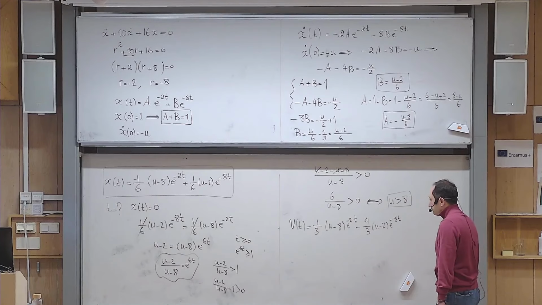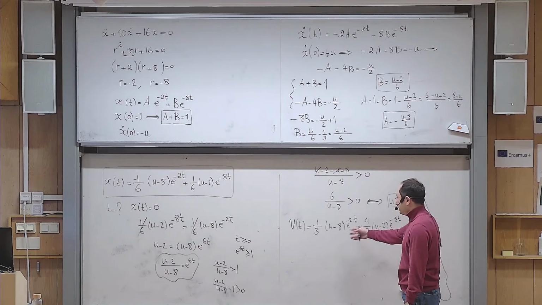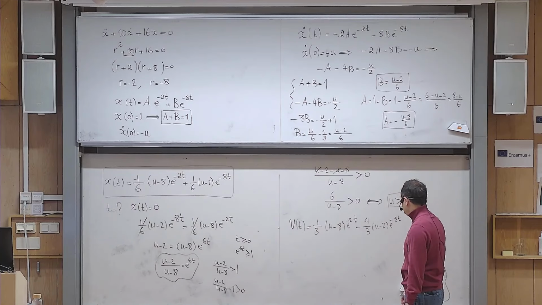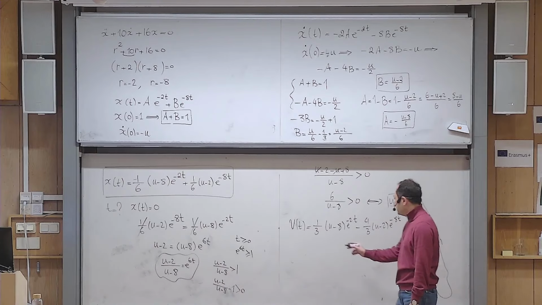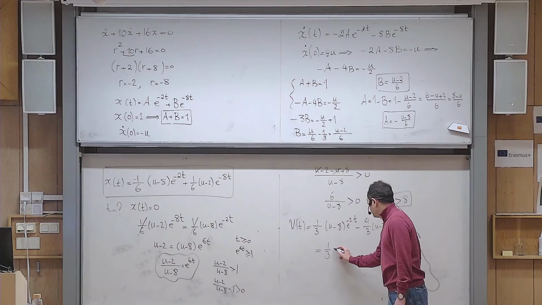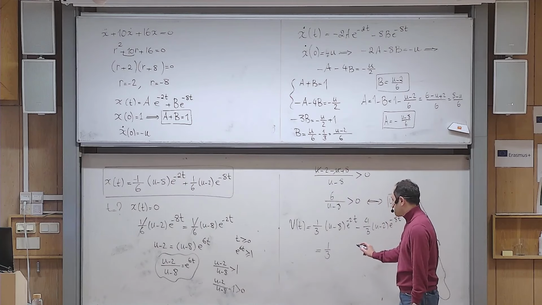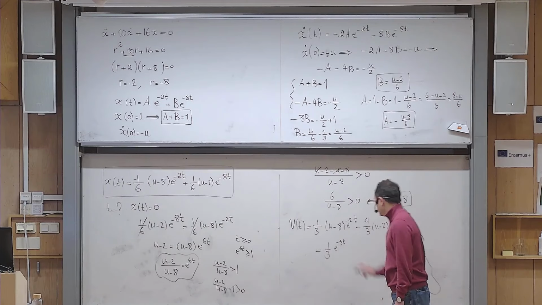So what I will do, I want to do some manipulation so that e to the power 6t appears. In order to do that, I prefer to factor e to the power minus 8t out. That is good. So let me do this. First of all, I can factor a third, and then I will factor e to the power of minus 8t out, yes?